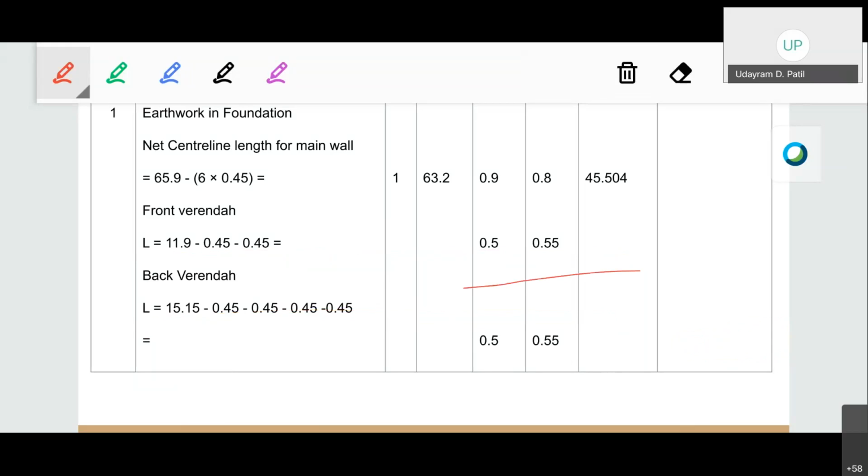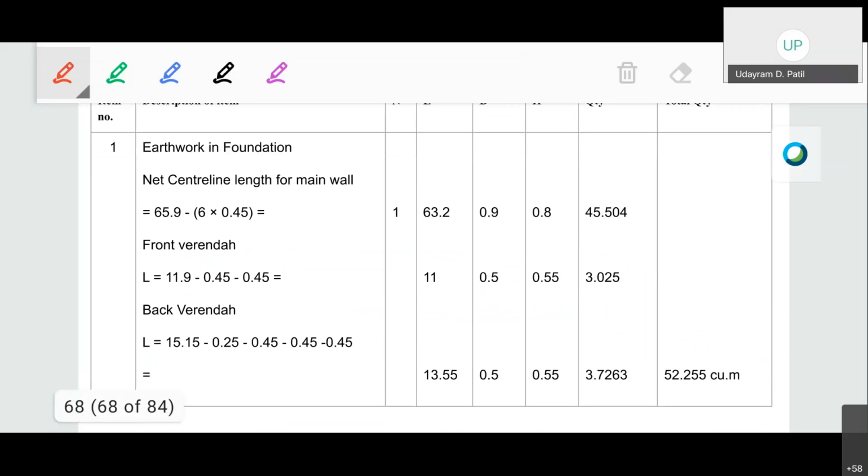The quantities are, yes, 3.02. Okay, look here: 15.55 minus 2.5 minus 0.25 minus 0.45 minus 0.45 and minus 0.45. Okay, these three were connected to the main wall, so what we deducted was for the main wall, that is the width of the foundation for the main wall, and this particular T junction had both walls of 0.2 meter thickness.